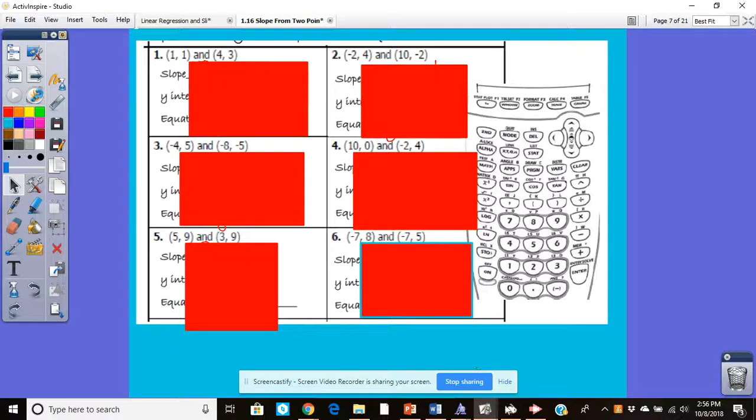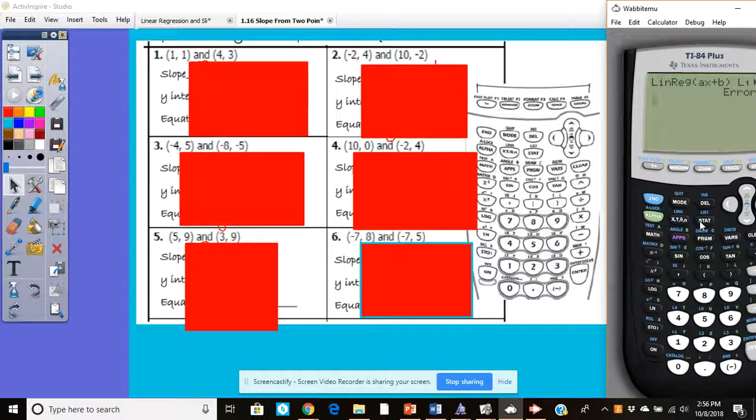So now we can practice. Again, in your calculator, you're going to go to Stat and Enter. In list 1, you're going to put the number on the left-hand side of the ordered pairs. What this needs to look like when you type your values in is just like your ordered pair, 1, 1.